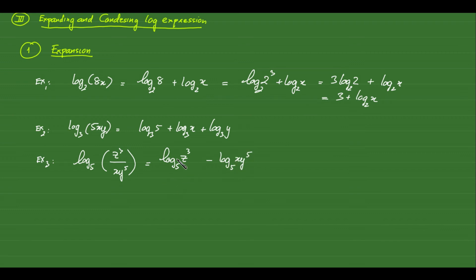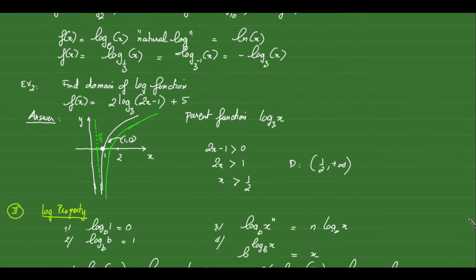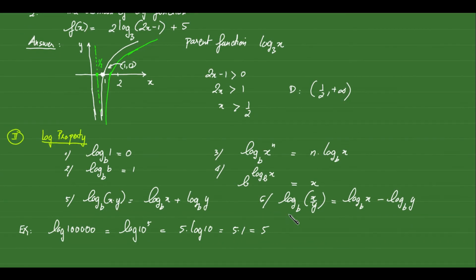Okay, and on this one we can apply the third property. I can bring down the exponent, so it becomes 3 log base phi of z. If you notice, this is a product, so I can use the number 5 formula. So right here, let me show you one more time. This number 5, this number 6, and this number 3.